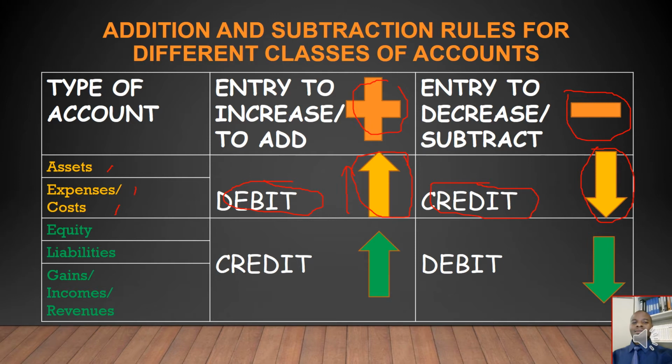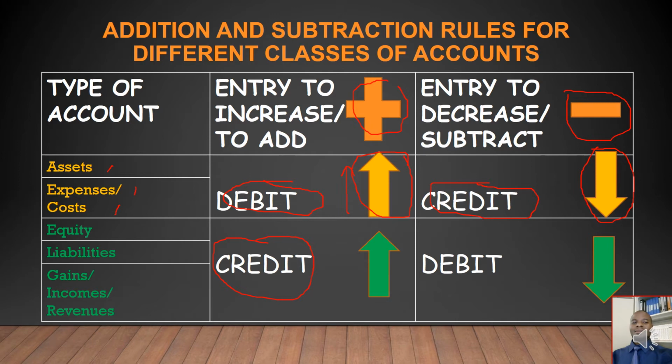In the same line, when it comes to accounts of equity, liabilities, gains, incomes, and revenues, if you want to add to a revenue account, if you want to add to capital, if you want to add to liabilities, what do you do? You credit. So you credit a liability account if the liability is increasing. If an income, such as commission received, is increasing, you credit that account.